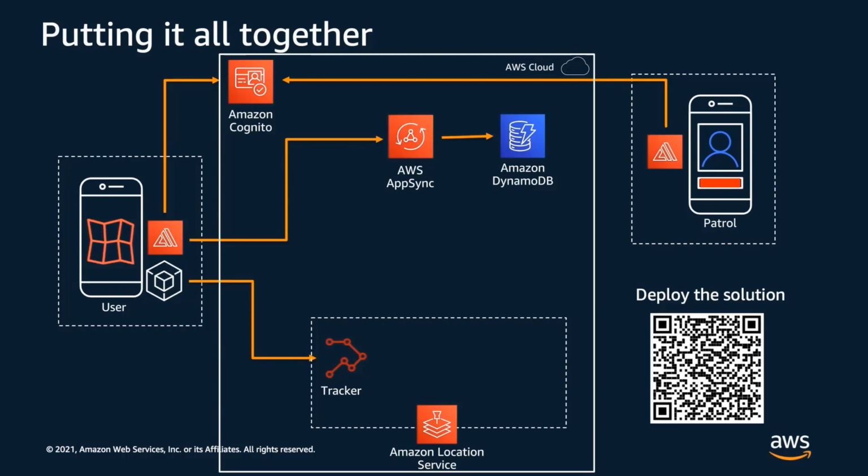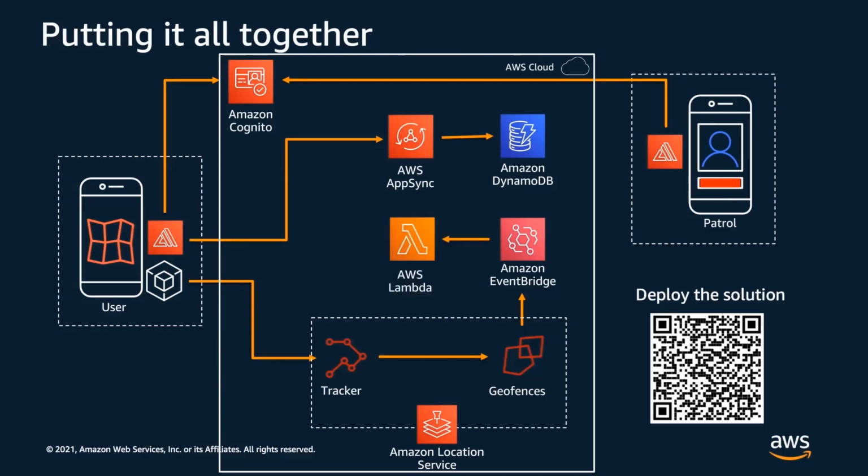The user application uses the Amazon Location SDK to communicate the user's information back to the tracker and also to collect the geofences. This tracker information is evaluated against every single geofence we have on our geofence collection. And once we have an enter or exit event, that information is sent directly to Amazon EventBridge. Amazon EventBridge picks up that information, understands that it is a geofencing event, and that it needs to send that back to our AWS Lambda function.